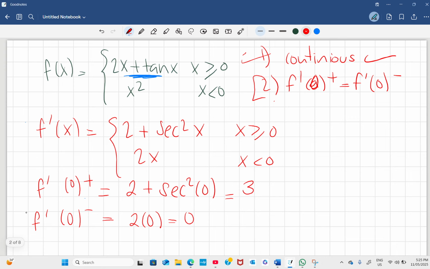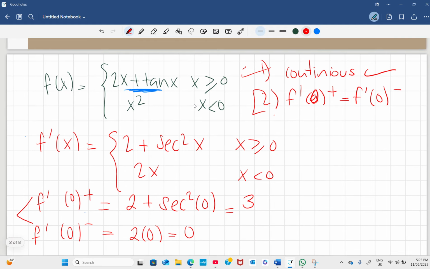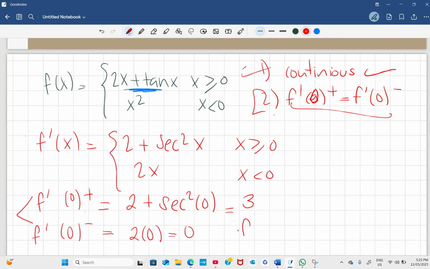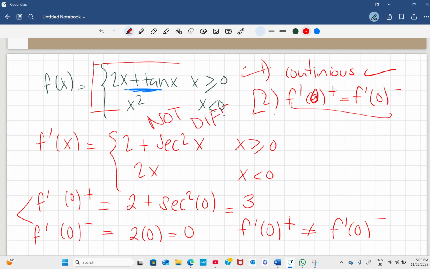So are they both equal to each other? Our condition said that these have to be equal. So f prime of 0 plus is not equal to f prime of 0 minus. So this piecewise function is not differentiable. The teacher did not do this one, but I'm pretty sure my answer is correct.